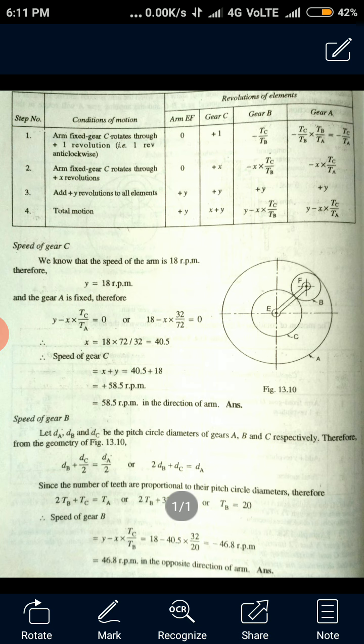Then the third step, add plus Y rotations to all the elements. So just do the addition: plus Y for arm, gear C, gear B, and gear A.